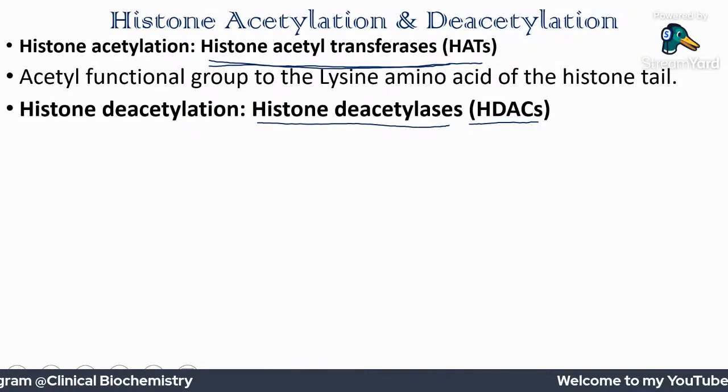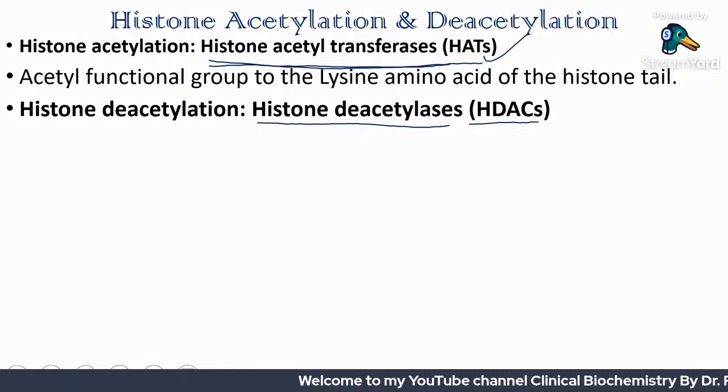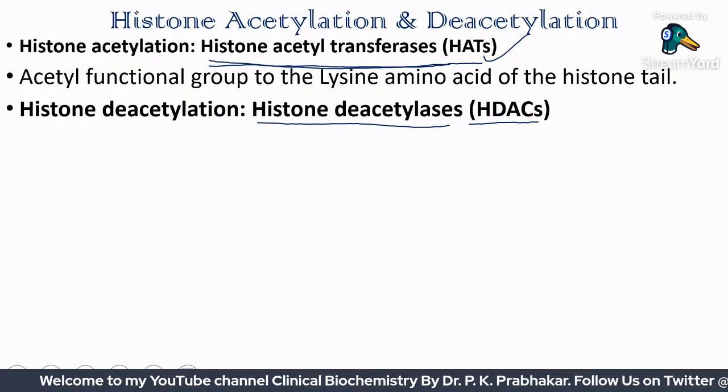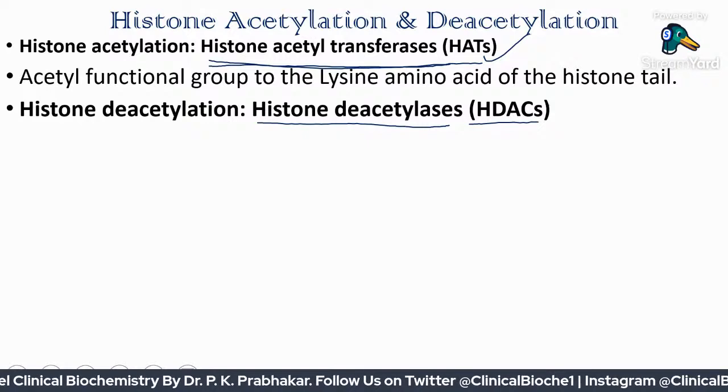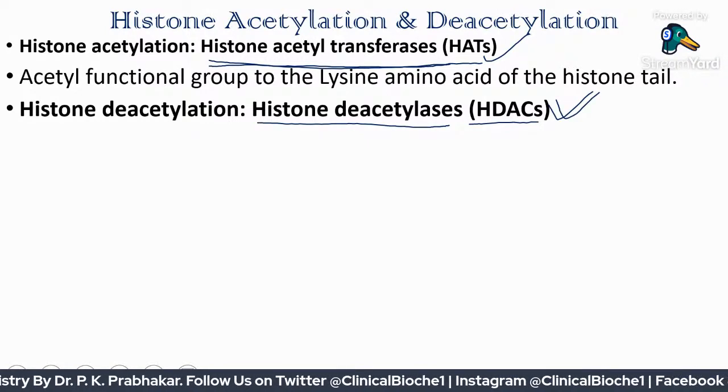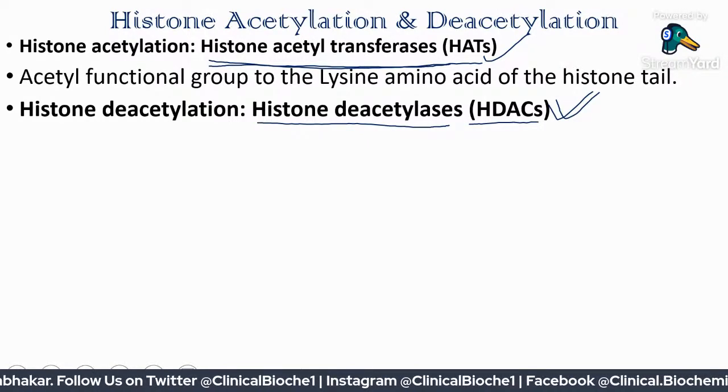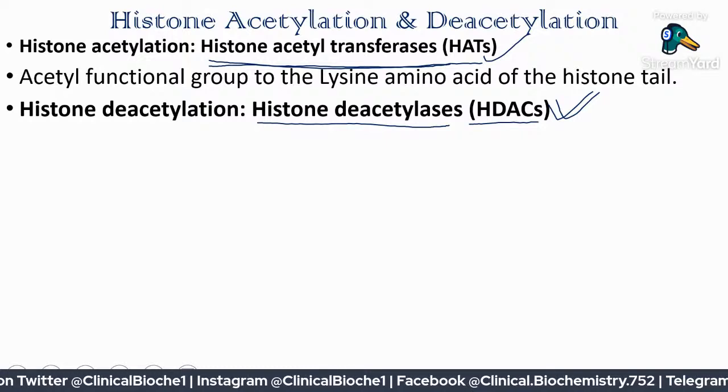If I have taken a medicine which increases histone acetyl transferase, it means more acetylation, and more acetylation means the gene becomes active. If I have taken certain medicines that activate deacetylase enzymes, removal of the acetyl group means more inactivation of the DNA.